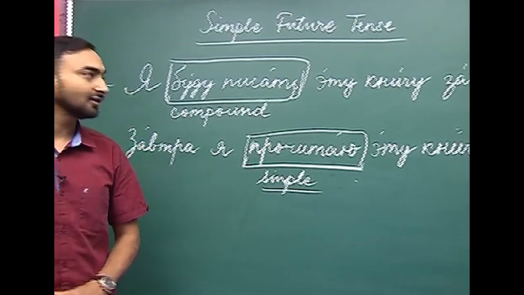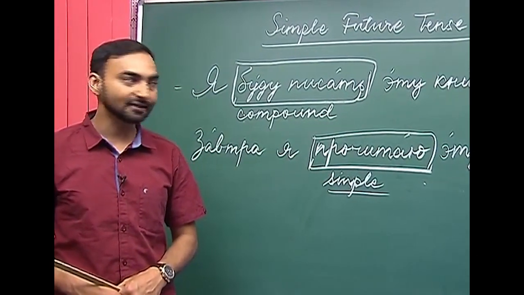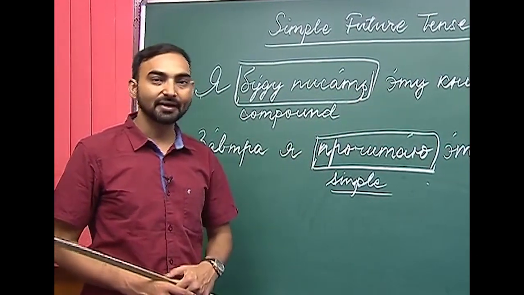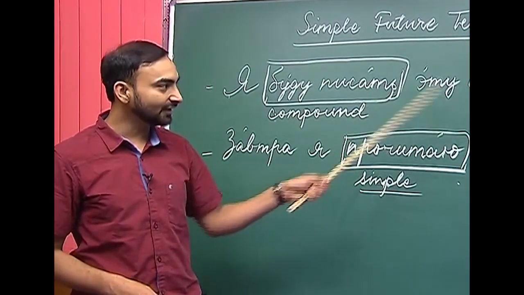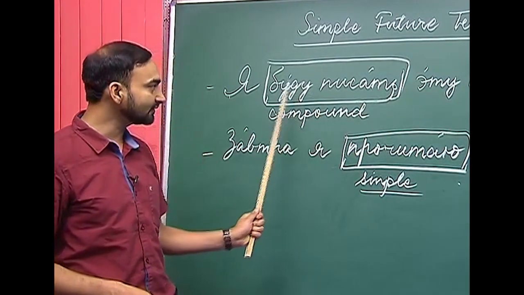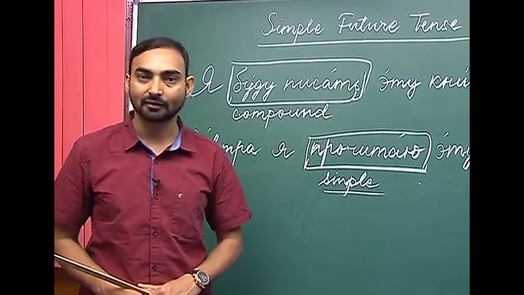Now, you will say that both these sentences mean the same thing. I will read this book tomorrow, but this can be better understood in Hindi. If we translate both these sentences in Hindi, the first one would be translated as कल मैं यह किताब पढ़ूंगा.